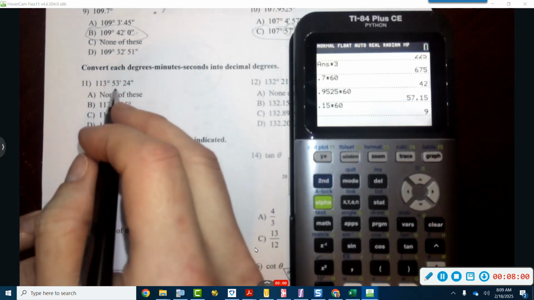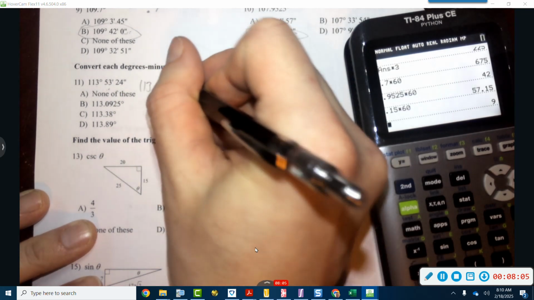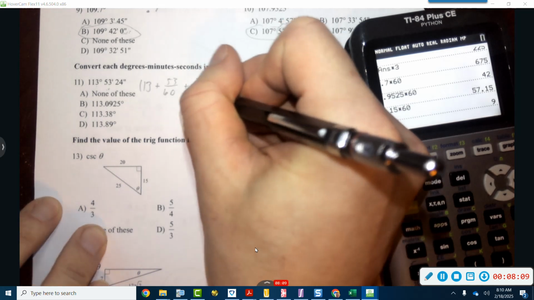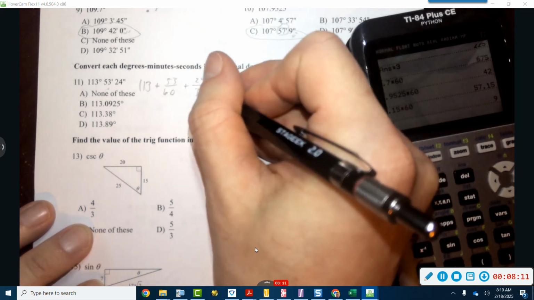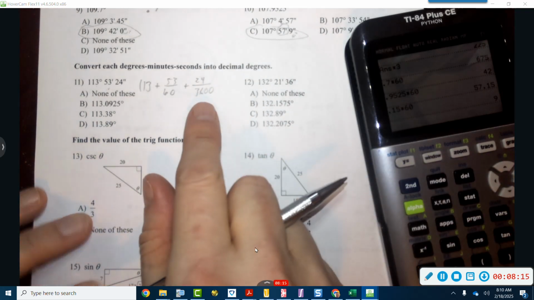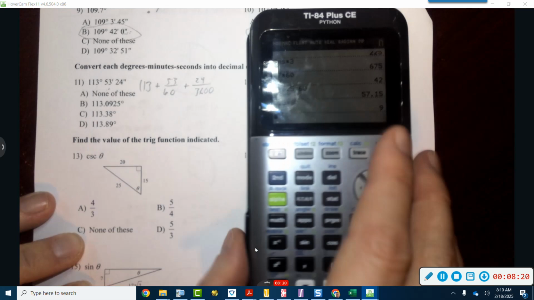Let's see. Now we got this guy. So this is going to be 113 plus 53 over 60 plus 24 over 3,600. I keep getting texts, sorry. So whatever that is, it's going to be this in decimal. So let's see here.